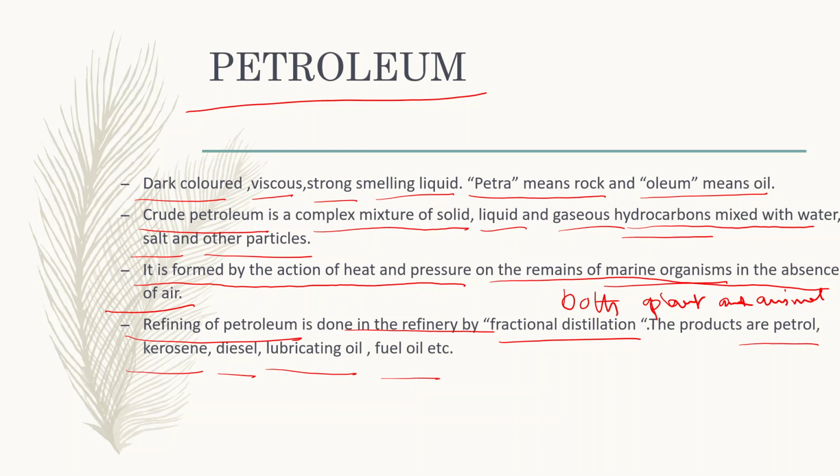The different gases that are obtained get settled down in different trays, and we obtain the different products of petroleum like petrol, kerosene, diesel, and lubricating oil in different trays.